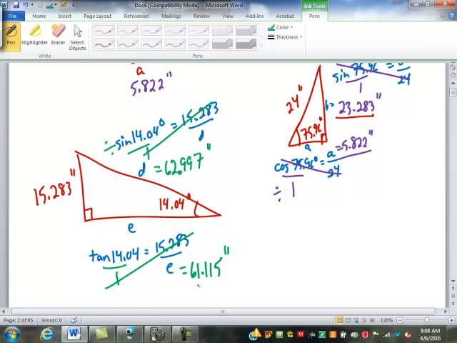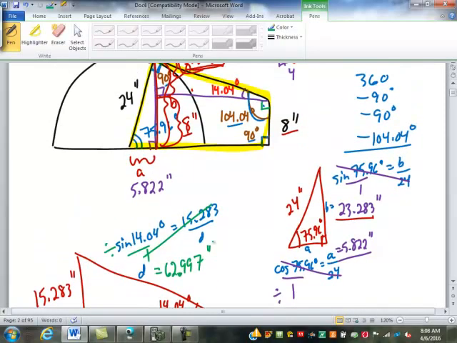So now we have all the distances. This is 61.115 inches. This up here is 62.997 inches. That's 8 inches. We know this angle here is 104.04 degrees.